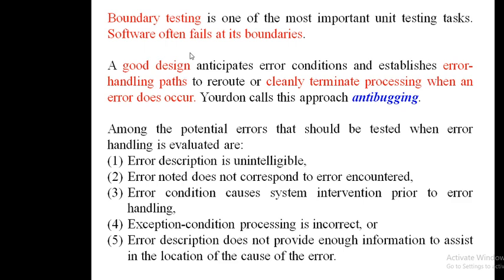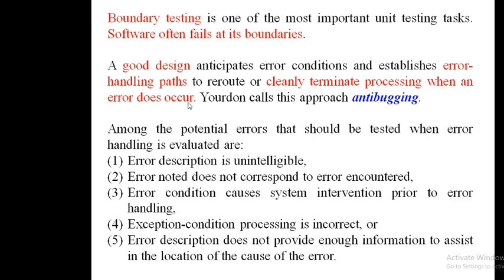A good design always anticipates error conditions and establishes error handling paths to reroute or cleanly terminate processing when an error does occur. That means a good design anticipates, meaning some actions are taken beforehand for error conditions, and establishes error handling paths to terminate the process when an error does occur.